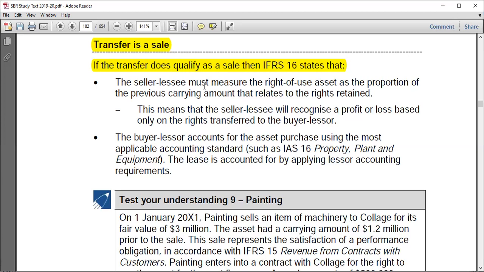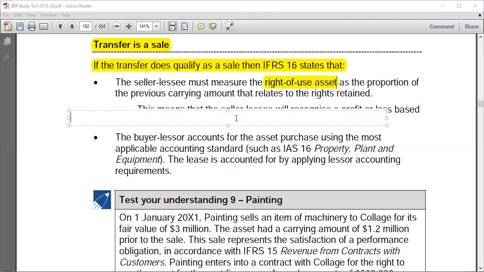But in this case, we would have the right of use asset. First of all, just ignore how we measure it. But simply speaking, if you have the right of use asset, we will also have to recognize the lease liability. Let me write that simply.